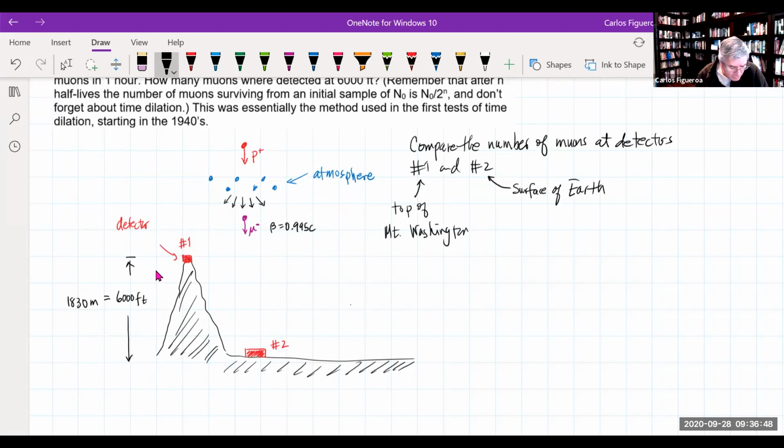Now, what we want to look at here is that it turns out that the proper time of a half-life of a muon is 1.5 microseconds. What do I mean by that?